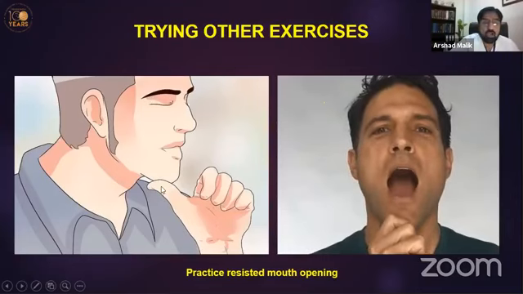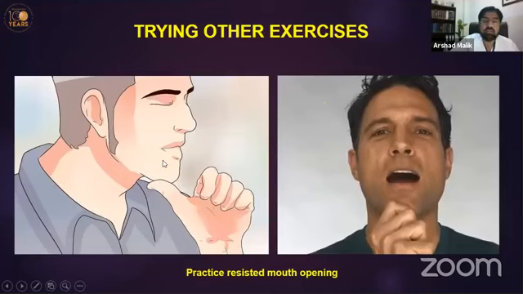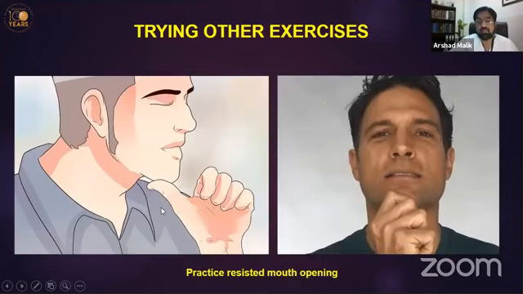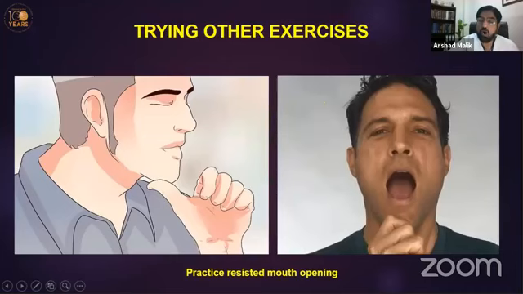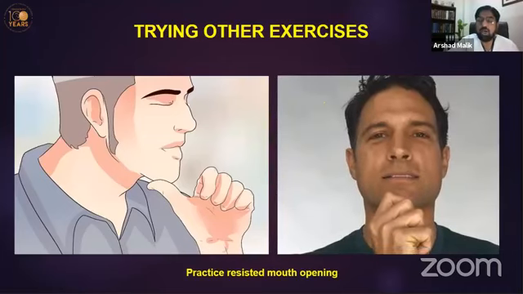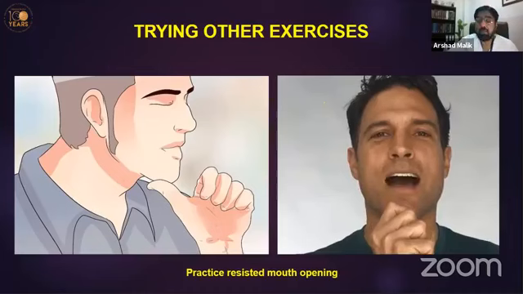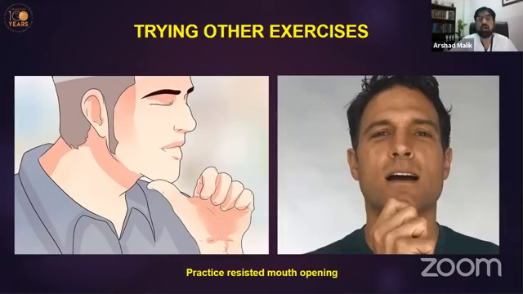You are pushing against the opening with your thumb. That is the resisted mouth opening. The mouth is opening, but you are giving resistance by pushing it up. The jaw is coming down, but the thumb is pushing it up. This is the resisted mouth opening.